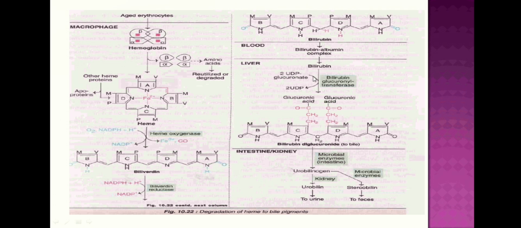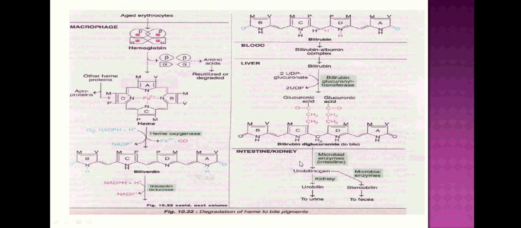Here bilirubin is conjugated with 2 UDP glucuronate to form conjugated bilirubin, like bilirubin diglucuronide. Bilirubin is actually a waste excretory product, so it reaches the intestine and kidney.